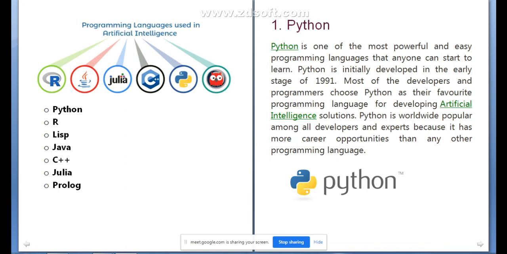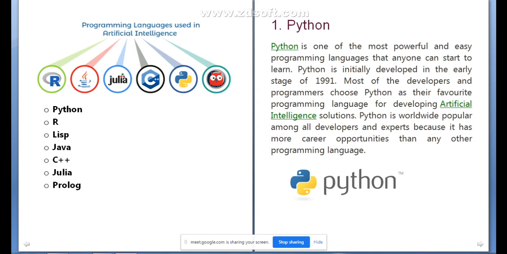So these are the different languages used for artificial intelligence. So we will see Python. Python is one of the most powerful and easy programming languages that anyone can start to learn. Python was initially developed early, in 1991.